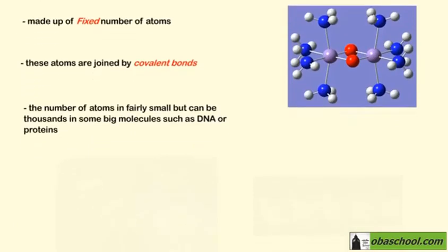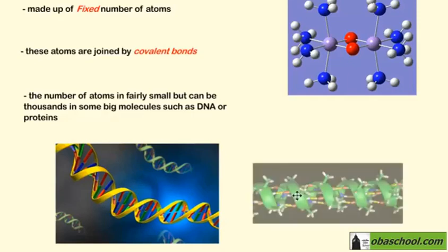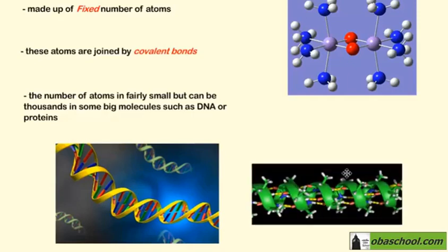First of all, this is DNA. DNA holds the genetic information in the human body. It's a huge molecule and it contains thousands of atoms. It's a big molecule. Also, proteins.